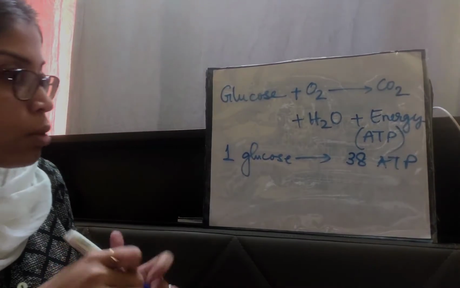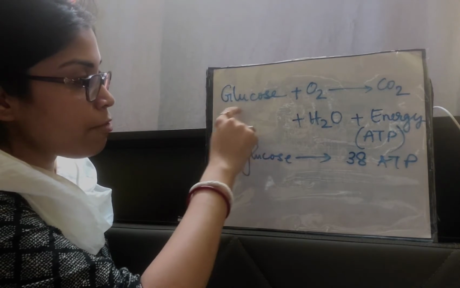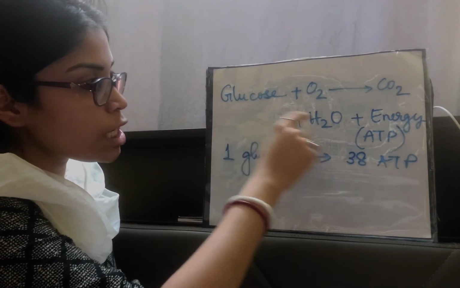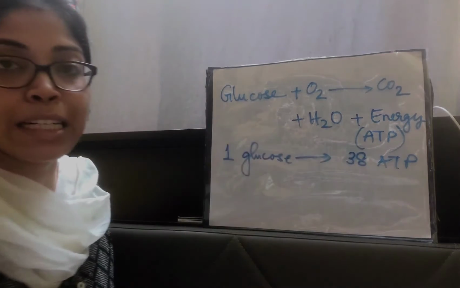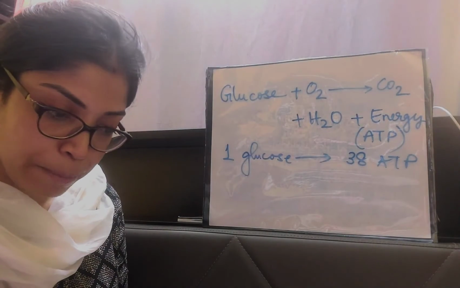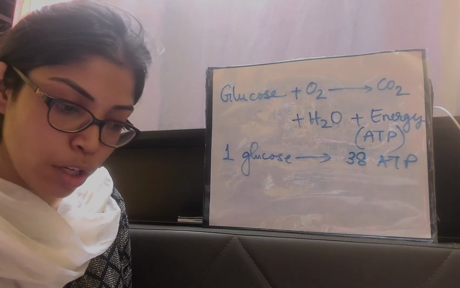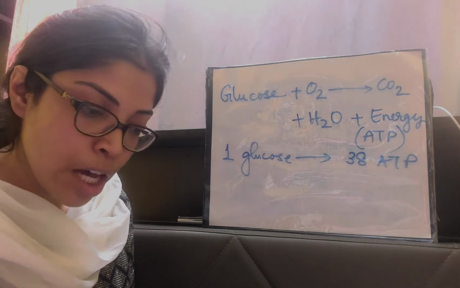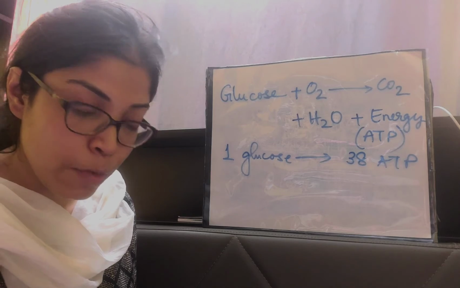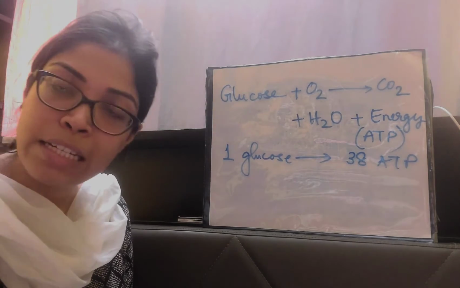From one glucose molecule, it will at the end produce 38 molecules of ATP. The ATP molecules that are stored in the cells can be broken down at any time to release energy for various metabolic activities. So whatever the plant needs, it uses.